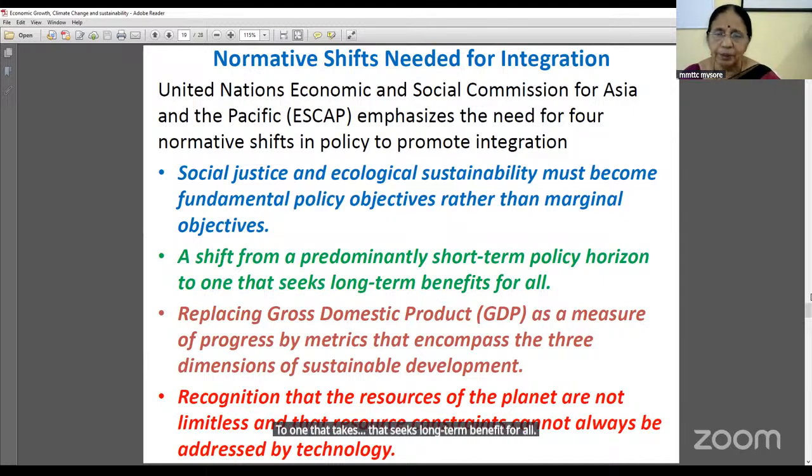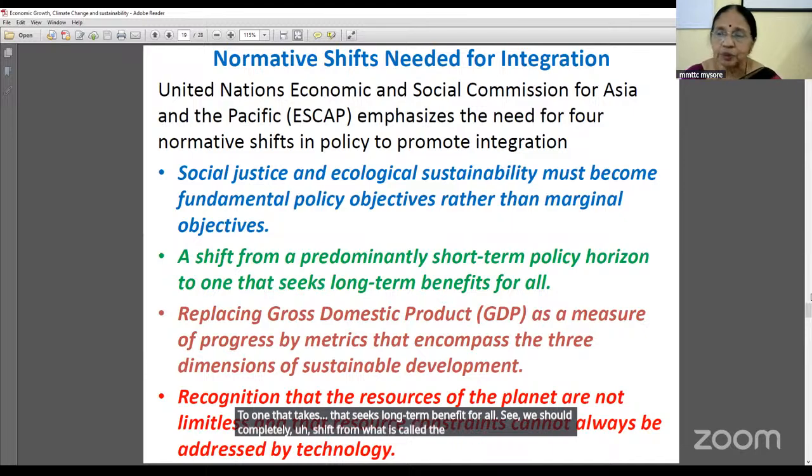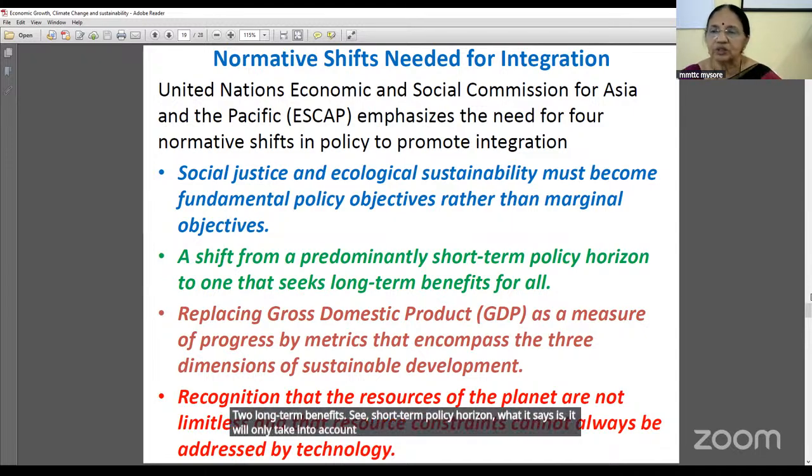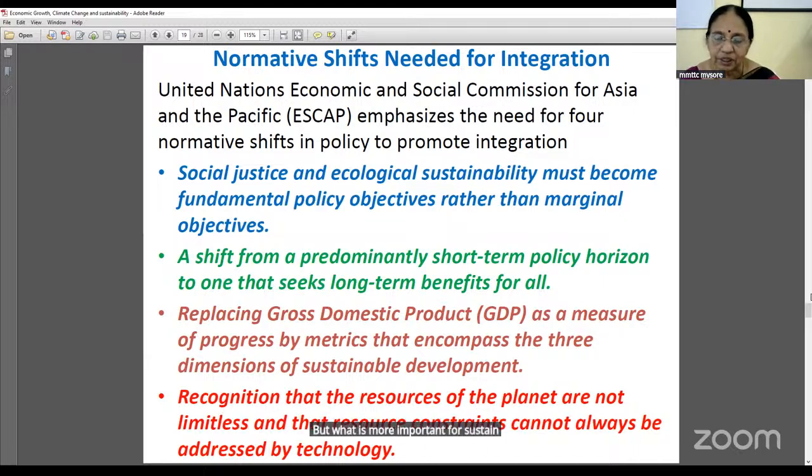We should completely shift from the short-term policy horizon to long-term benefits. A short-term policy horizon only takes into consideration what is to be achieved in the short term. But what is more important for sustainable development is to have long-term benefits in mind.